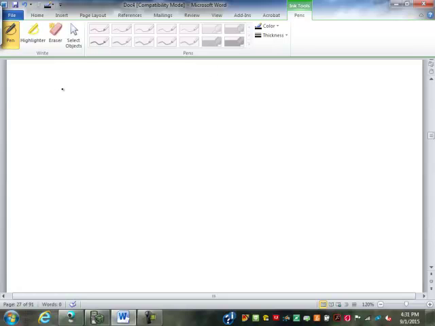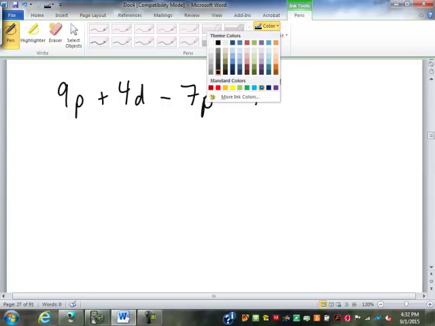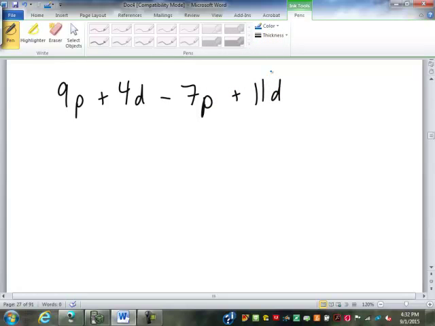For example, if I have something like this, what am I going to do? Sure. And of course, the command is just simplify. So yeah, we can combine our P's with our P's and our D's with our D's.